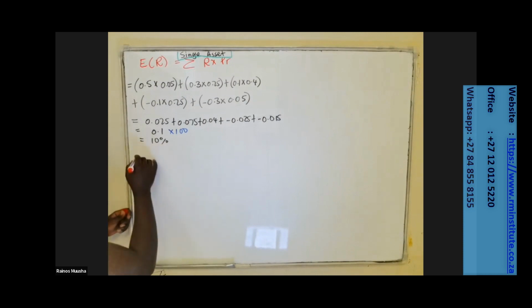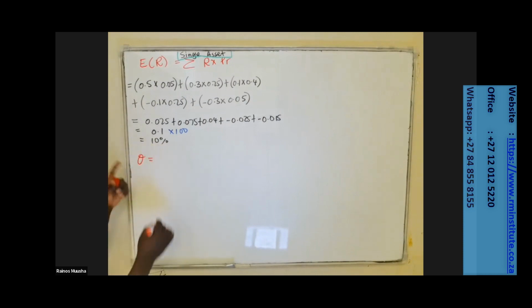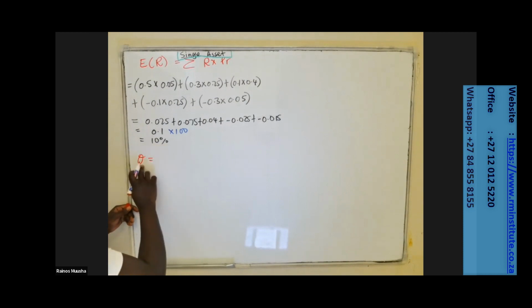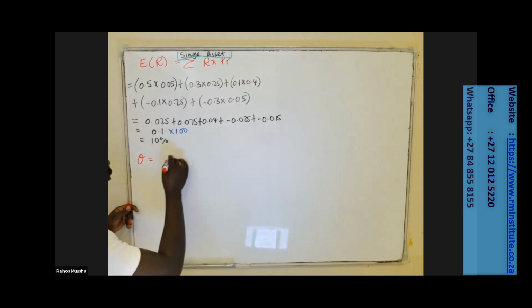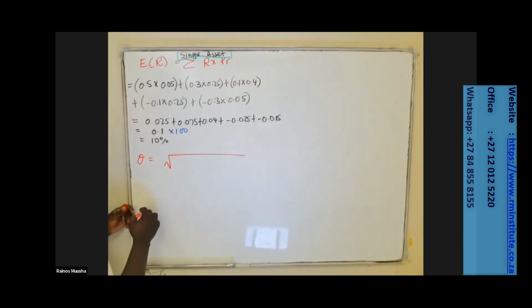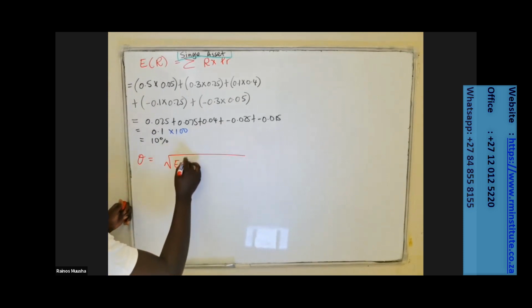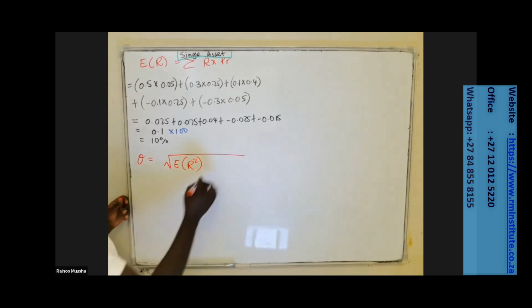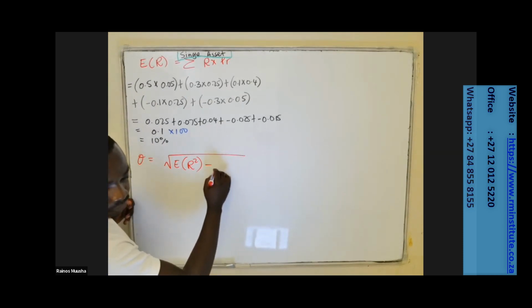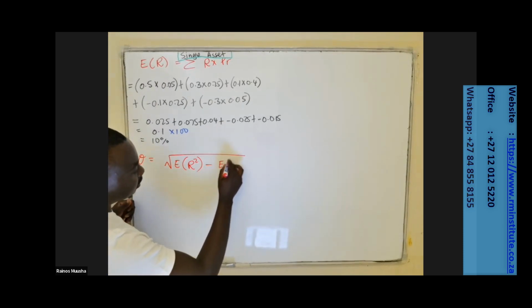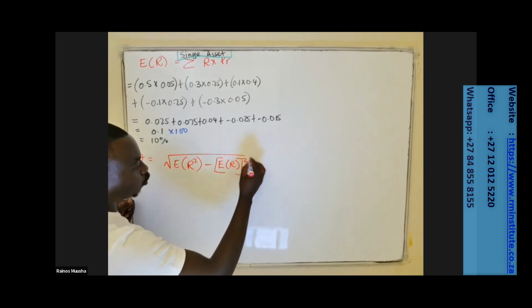The standard deviation, using the new method that some of you would not have seen before, is given as the square root of the expected value of the returns squared, minus the expected return squared.